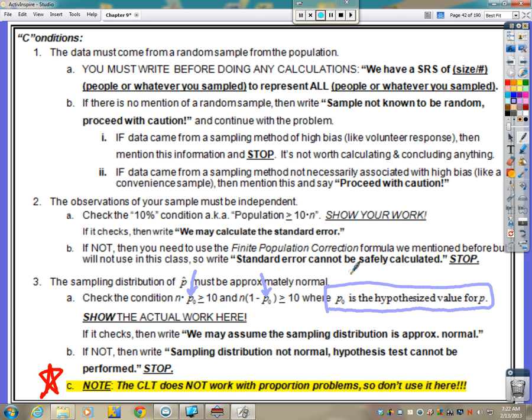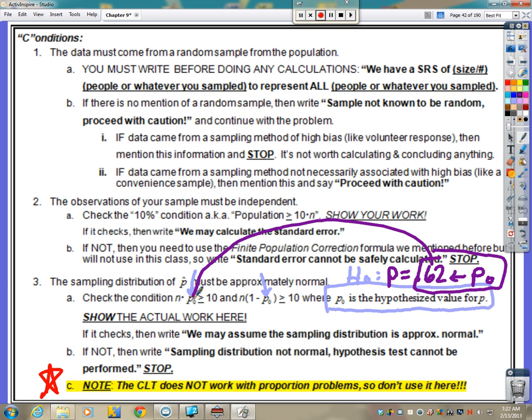For example, if you had your null hypothesis and maybe we were talking about the 62% claim from CADA about the proportion of students who drink alcohol. So we're going to test the claim, is it 62%? Well, this 62%, that is that p sub naught number.